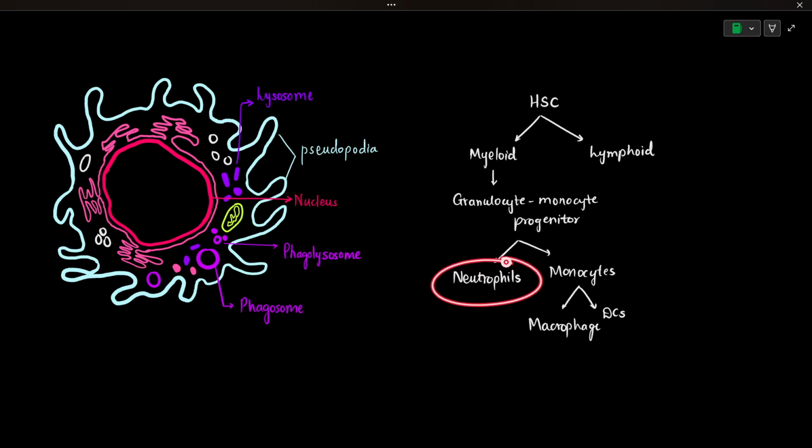Just like neutrophils, macrophages are phagocytic cells, and just like dendritic cells, macrophages are going to activate the T cells. In the last class we learned about dendritic cells in detail.